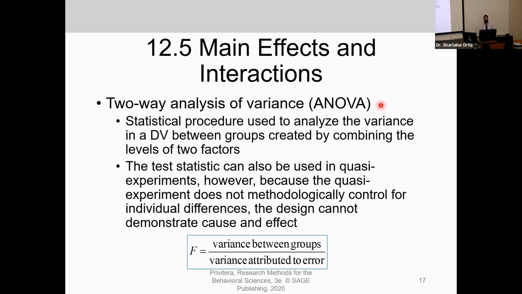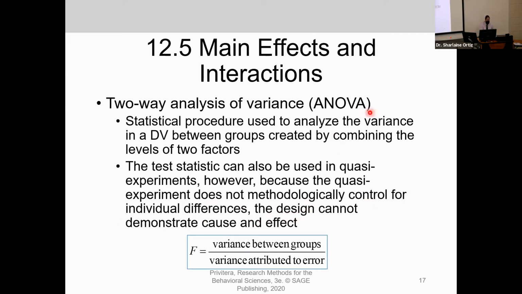Notice that this statistical procedure, the ANOVA, is not left just for experiments. We could use it for quasi-experimental approaches, but we need to take that with a pinch of salt. Because if you remember anything from quasi-experimental approaches, notice that strictly speaking, a quasi-experimental approach cannot control for individual differences.